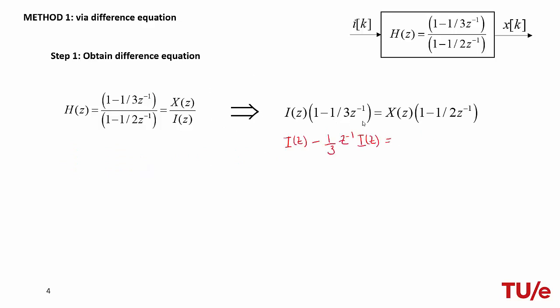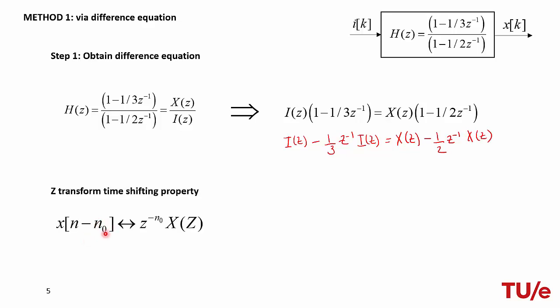Now, what I need to do is to expand these products to obtain this equation. And then, from this equation, calculating the z transform is easy by using the time shifting property of the z transform. This property tells me that if I have a signal x and I shift the signal by a quantity n0, then in the z domain this is equivalent to multiplying the z transform of x by z to the power of minus n0.